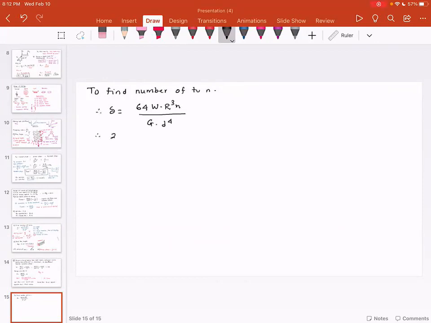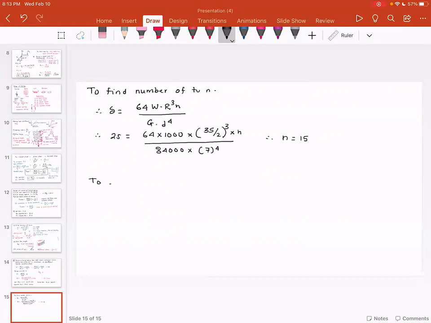Delta is equal to 25, which is equal to 64,000 multiplied by 35 by 2 cube multiplied by N divided by 84,000 multiplied by 7 to the power 4. Once you solve this, you will get the value of n is equal to 15.